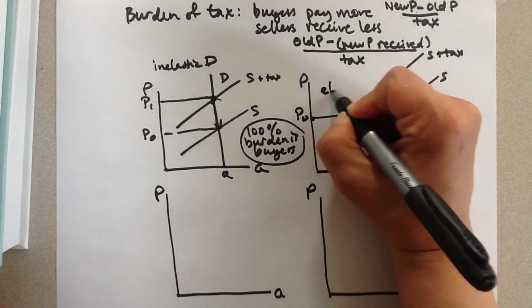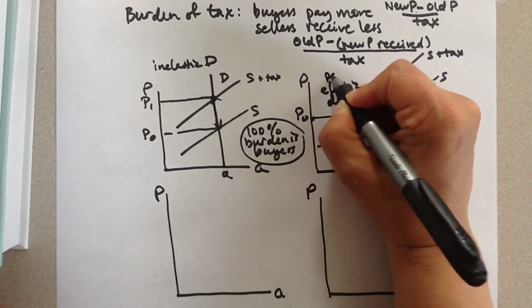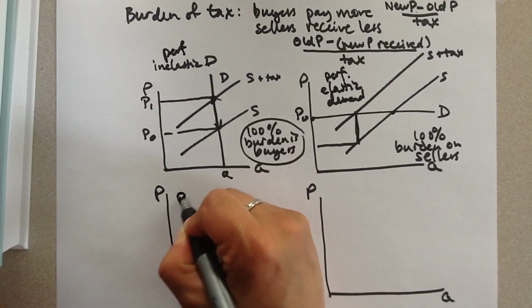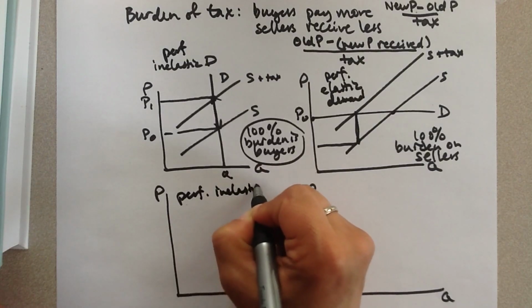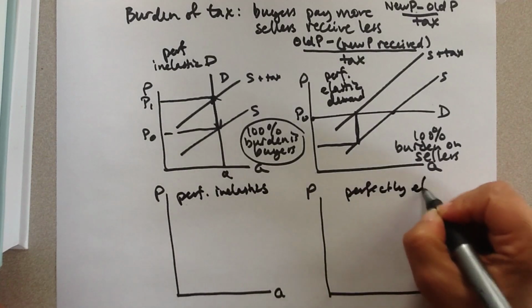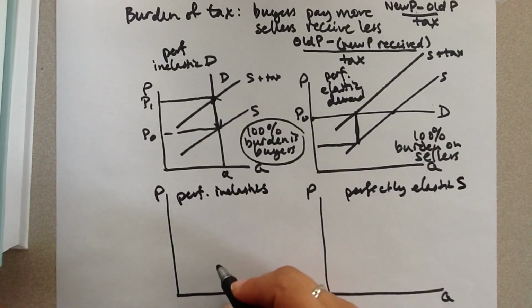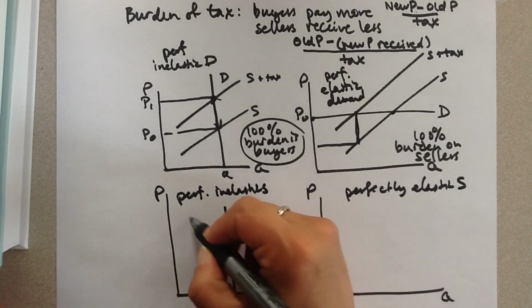This is elastic demand. Perfectly elastic. This is perfectly inelastic. And we can draw a perfectly inelastic supply and a perfectly elastic supply. So what that looks like, this is an inelastic supply.